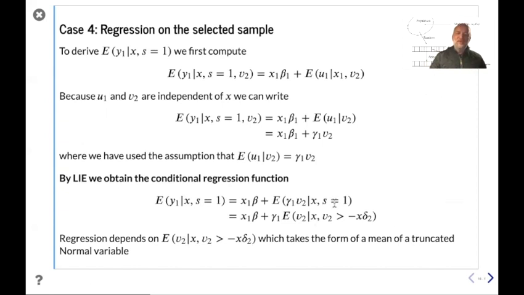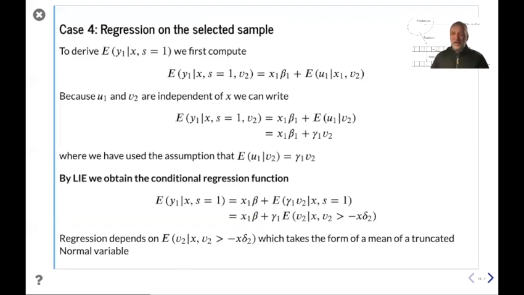Well, that depends on this last term here, and it turns out that it is not necessarily non-zero. What it means is that the unobserved part that explained the selection has a non-zero mean in the selected sample, because these v2s are different for those that are selected than those that are not.